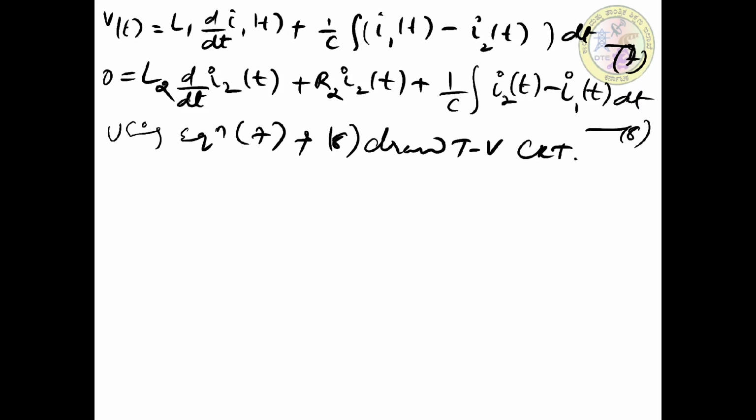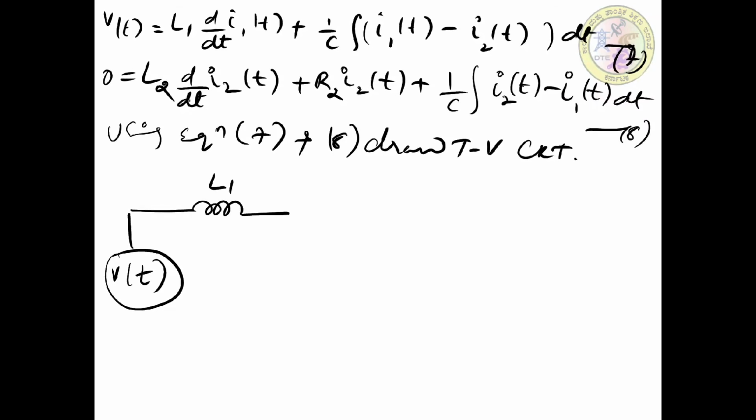Now there are two displacements, theta 1, theta 2, therefore there will be two loops in the analogous circuit. So the first loop will be given by equation 7. In the first loop we have an inductor L1, and then the first loop has a capacitor C, but it is not present only in loop 1.